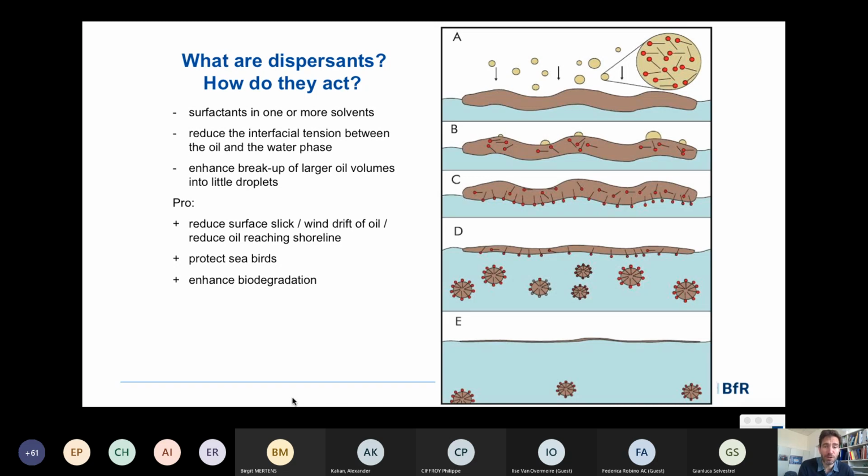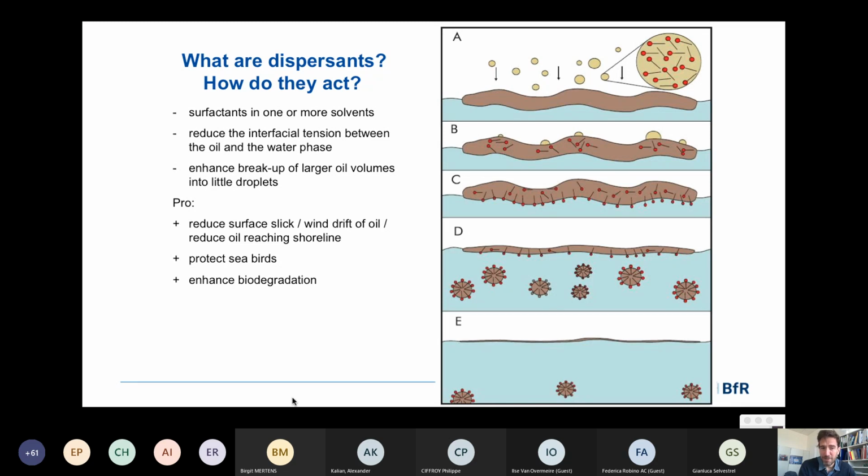And this has several advantages. You reduce the surface slick of the oil, and you also reduce the wind drift, because the oil slick on the surface will be pushed by the wind to wherever the wind goes. And you reduce the oil reaching the shoreline if the wind is coming ashore.